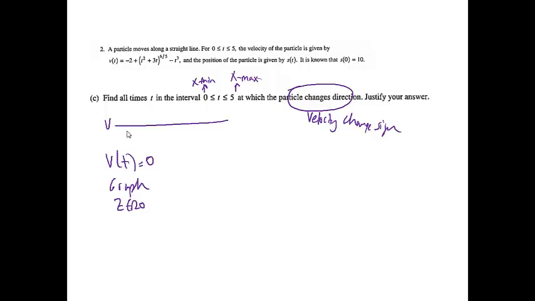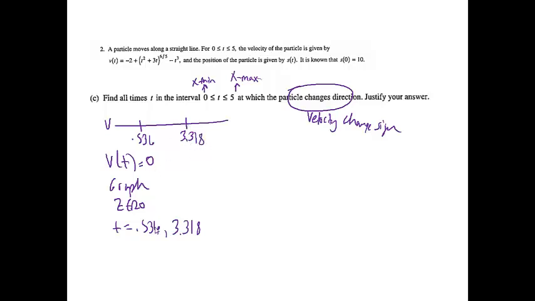If I use the zero feature of my calculator, I'm going to get t equals 0.536, and I will also get t equals 3.318. Now there are two ways you can do this.